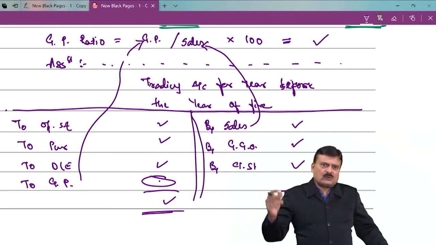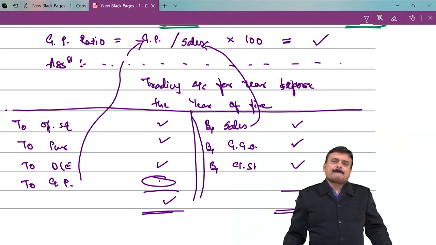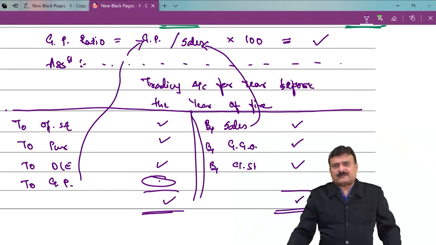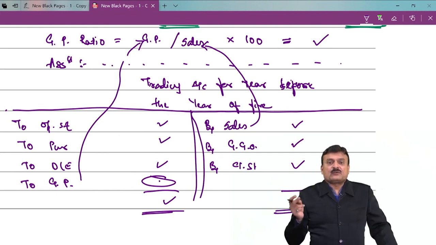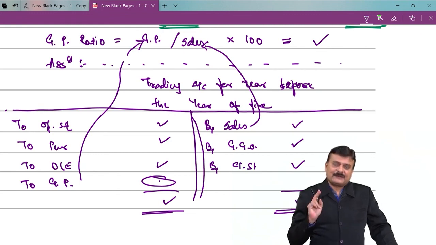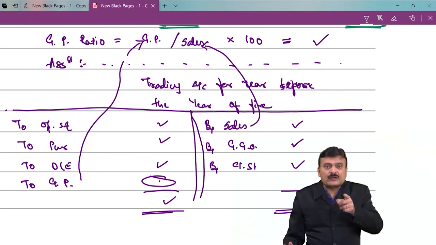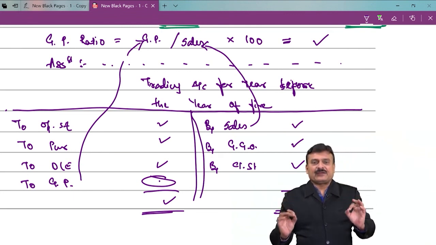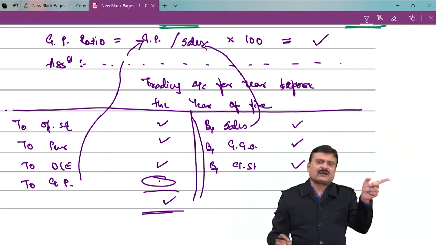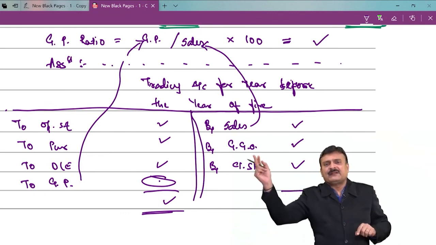So I will directly start with memorandum trading. But if GP ratio is not given, then I have to start with trading. Clear? So step 1, see in the question, is GP ratio given or not? If given, start with memorandum trading. If not given, start with trading.